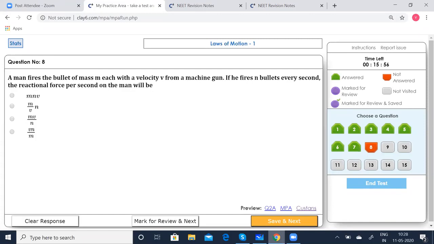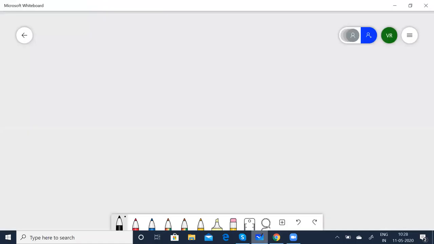This is quite easy. All agree? As per Newton's law, F is equal to dP by dt.